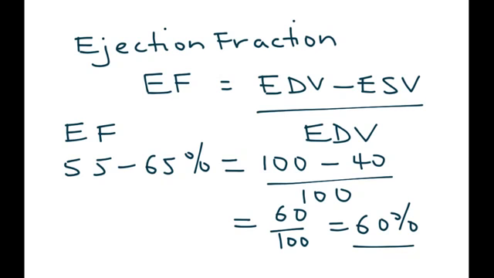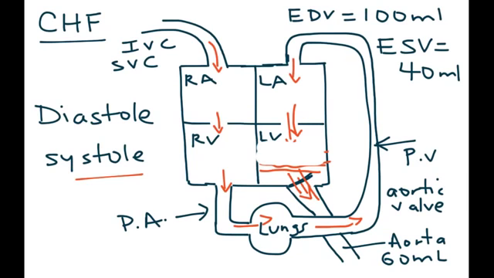So let's look at another example. Let's say you have a patient that also has an end diastolic volume of 100. But when this aortic valve opens up and blood starts flowing into the aorta, 60 mLs does not go into the aorta, only say 30 mLs goes into the aorta. So that would mean that the end systolic volume is 70. Now, why would this happen?